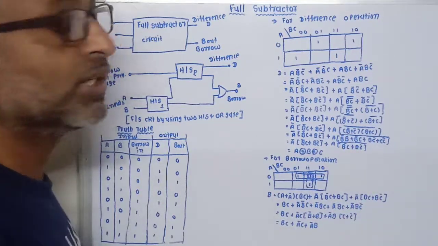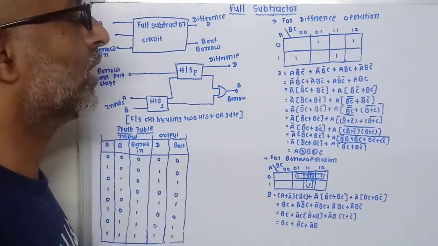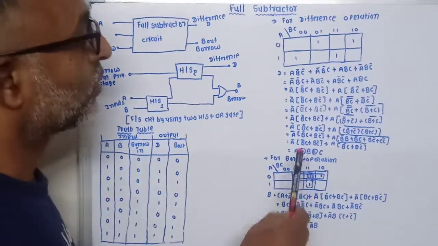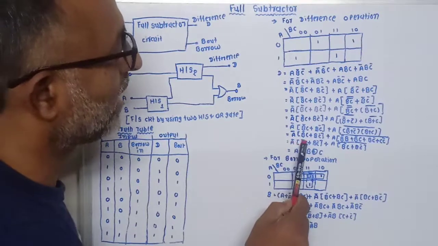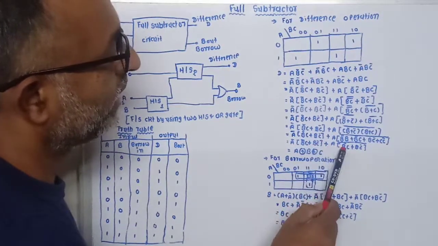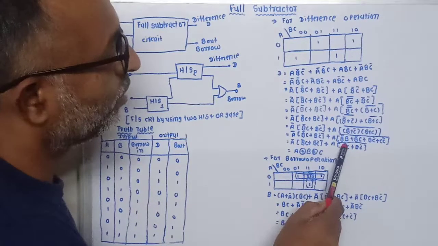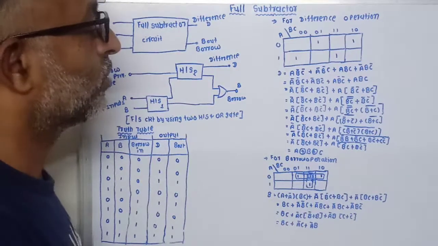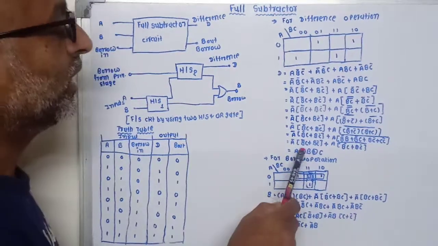We have already seen that B bar B and C into C bar are equal to 0. So here our equation becomes A bar B bar C plus B C bar plus A into B bar C plus B C bar whole bar.